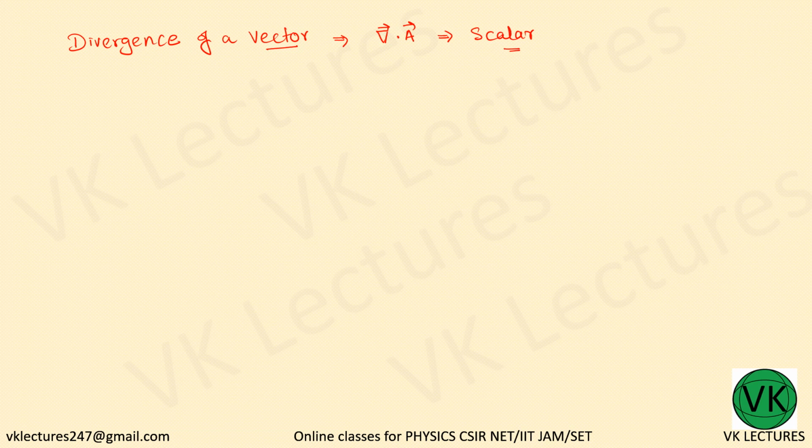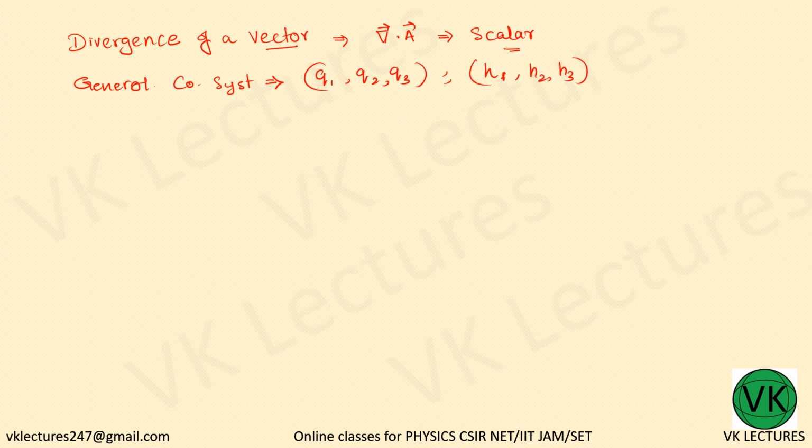Now for a general coordinate system, we have the q1, q2, q3 as the unit vectors, and the metric elements are h1, h2 and h3. Now how can you write for a general coordinate system the divergence?